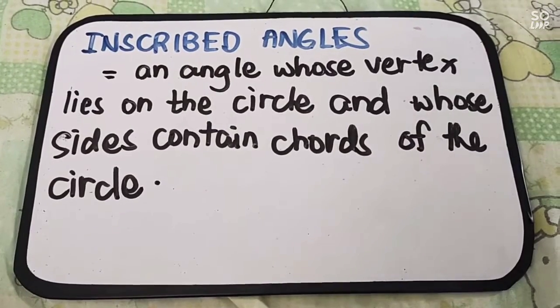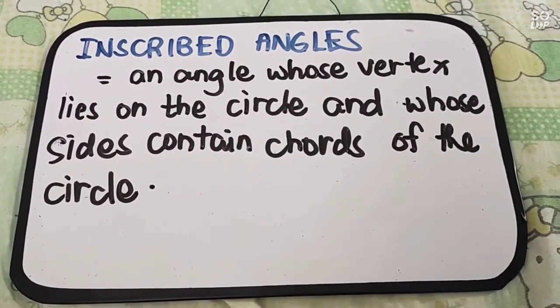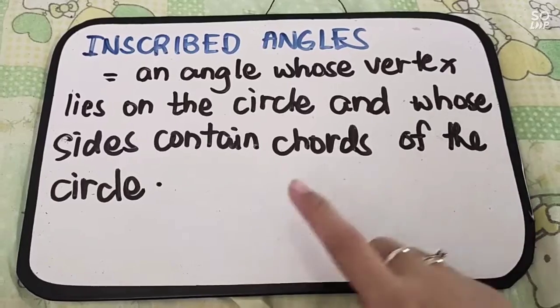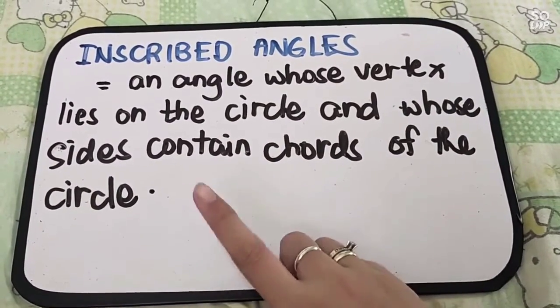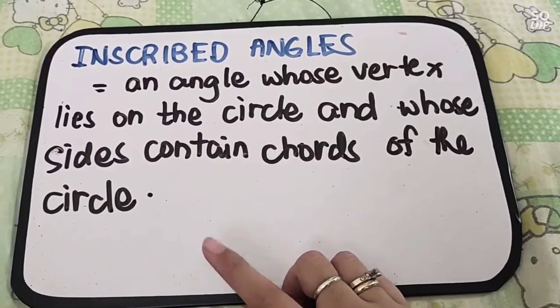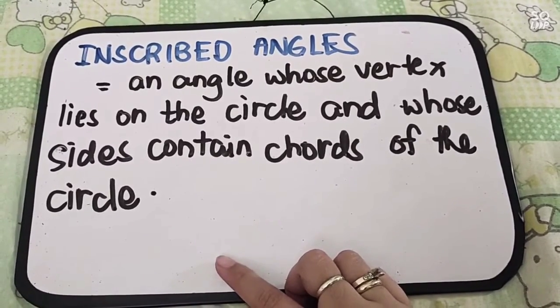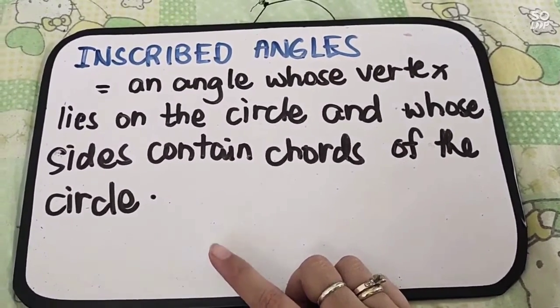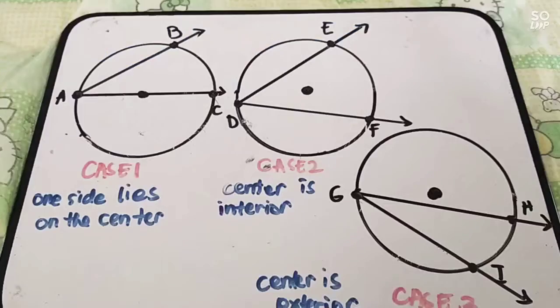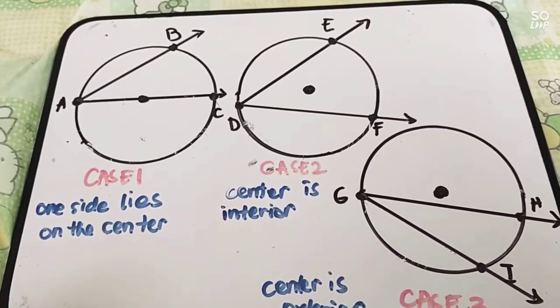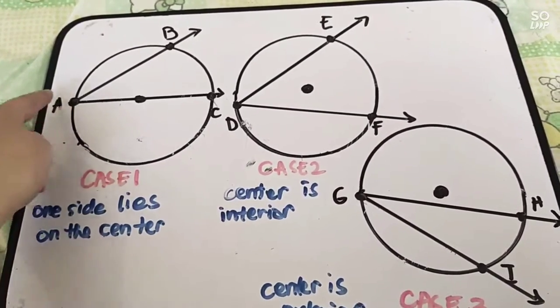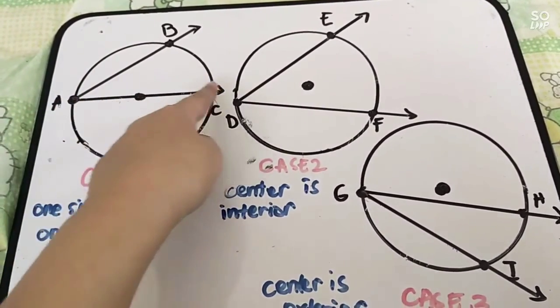Let's move with inscribed angles. An inscribed angle is an angle whose vertex lies on the circle and whose sides contain chords of the circle. So, we have three cases of inscribed angles. Let's have case 1. In our case 1, as you can see, the center lies on the inscribed angle.